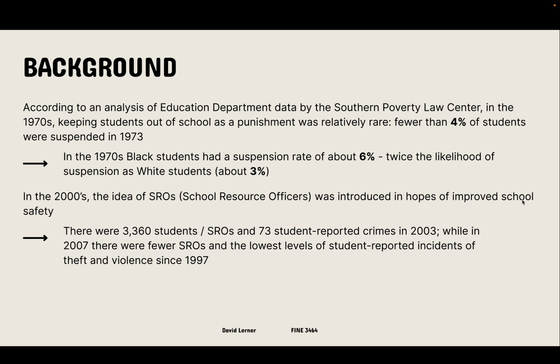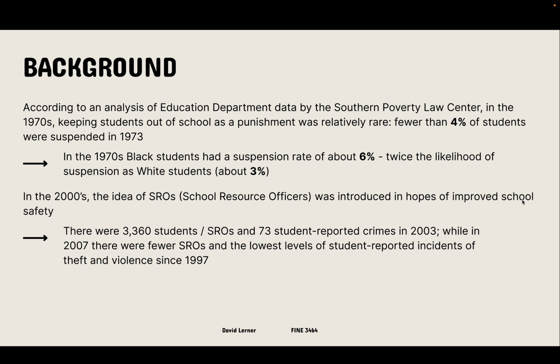In the 2000s, there were more inclusions of SROs in hopes of improving school safety. So, with some numbers down below that statement, 3,360 students per SRO, and that's a lot of students per SRO.